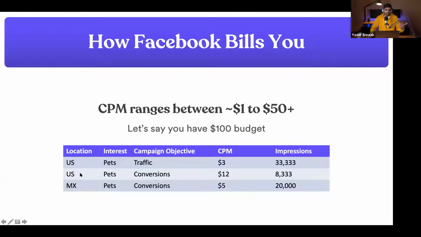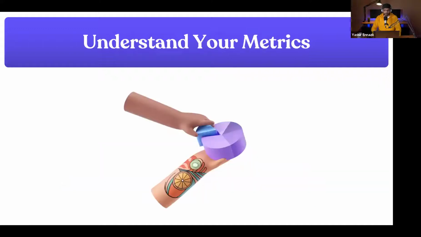The US market is very used to paying upfront and waiting for the delivery, and the Mexican market may be more used to cash on delivery. It's just an example. So you'll end up with a lower CPM than the US, obviously, because in the US there is way more competition over the conversion objective. So this is just an example to put you in perspective here.